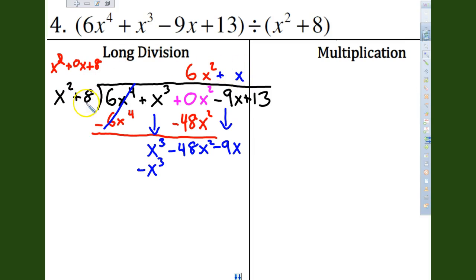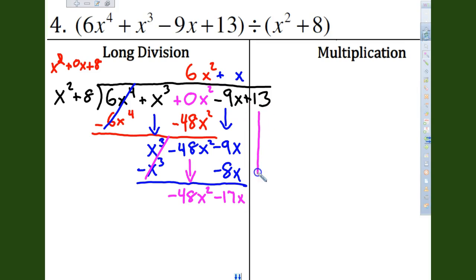X times 8 is 8x, change the sign, negative 8x, right underneath the negative 9x. So once again, we have a space. Just like the first time, we'll have it again here. So we're going to drop down the negative 48x squared. That won't change. Negative 9x and negative 8x will give you negative 17x. And we can drop down the 13.